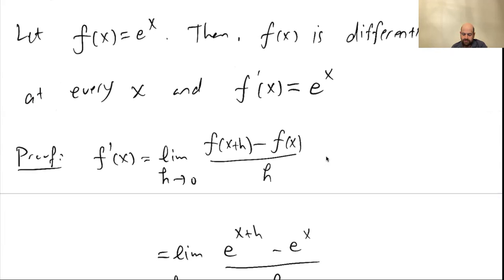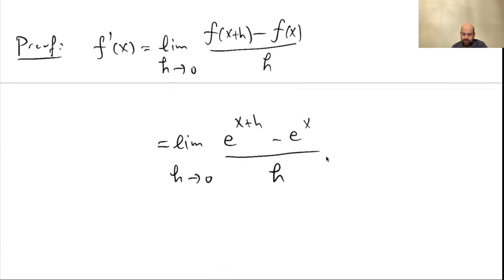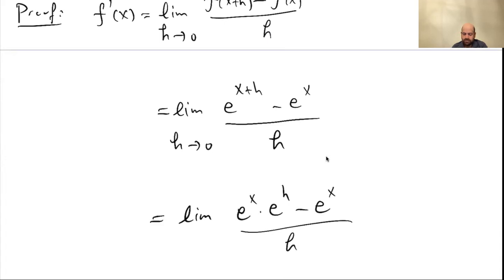So f of x plus h will be e to the power x plus h, and then minus e to the x over h. Now, exponential functions have this property that e to the power x plus h I can write as e to the x times e to the h minus e to the x, divided by h.